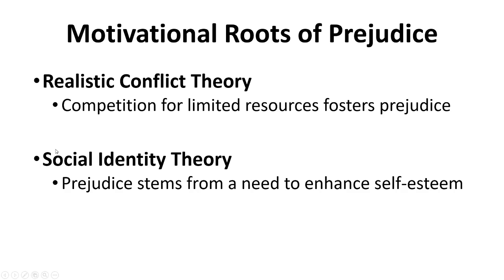The other one we want to talk about is social identity theory. This one's a little bit weird to think about, but it says that prejudice stems from a need to enhance your own self-esteem. It's kind of like in middle school, where there's a bully who puts everyone else down, tells everyone else that they're ugly, that they're stupid, so that they feel smarter and more beautiful.